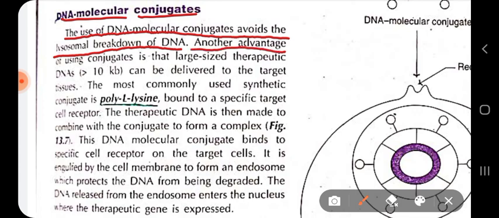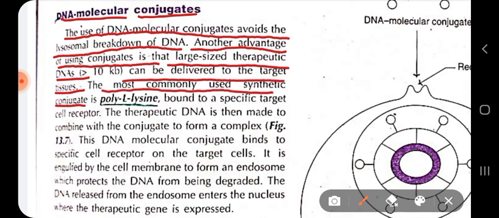Another advantage of using conjugates is that large size therapeutic DNA, greater than 10 kb, can be delivered to the target tissue. So we can use a large amount of our desirable DNA in the target tissue by using this type of complex. The most commonly used synthetic conjugate is poly-L-lysine, which can be employed as a DNA molecular conjugate for gene delivery. Poly-L-lysine is a positively charged synthetic polymer of the amino acid L-lysine.